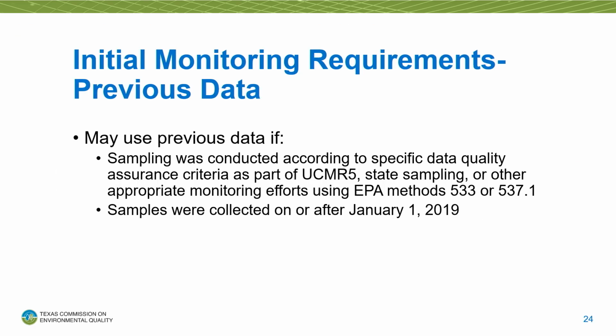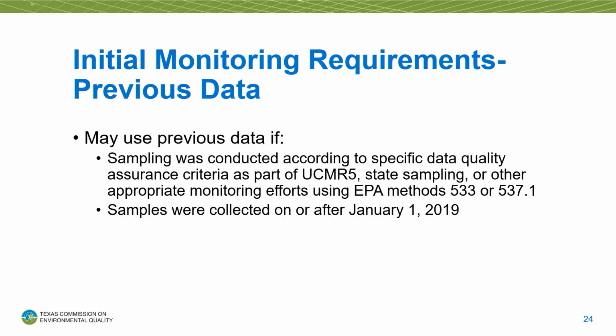So for initial monitoring requirements using previous data, as I said, previous data may be used if sampling was conducted according to specific data quality assurance criteria as part of UCMR5 or TCQ sampling, or appropriate monitoring efforts using EPA methods 533 or 537.1.